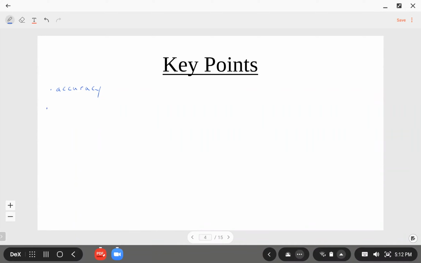And the second key point, of course, is going to be speed and efficiency. So when you solve these word problems, and they are word problems, you need to read through them first. Don't miss any details, and don't read it twice because that just wastes time.